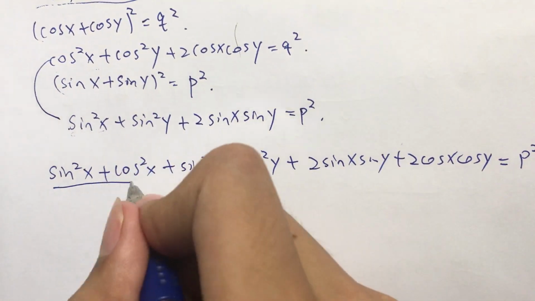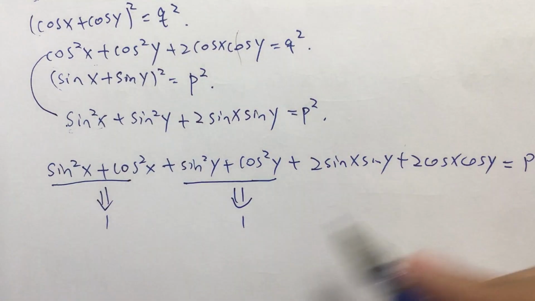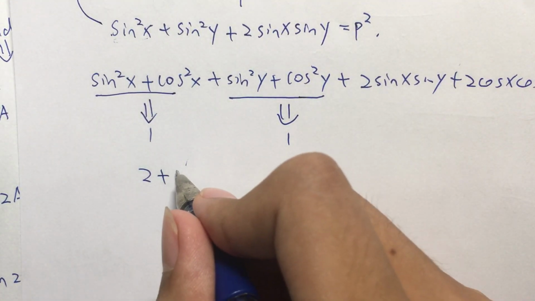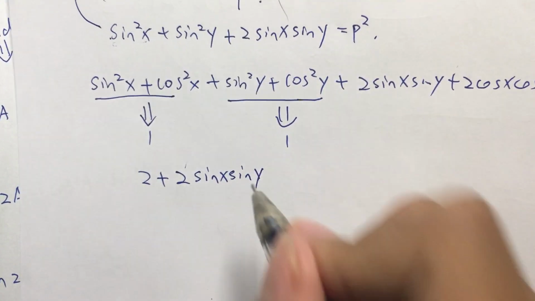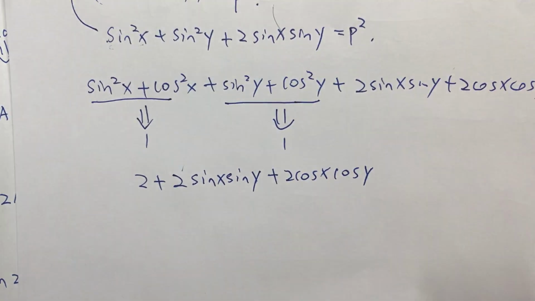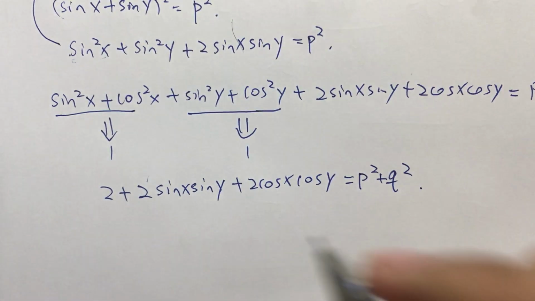And now we know that this is equal to 1, this is equal to 1, so we get an equation which is 2 plus 2 sine x sine y plus 2 cosine x cosine y equals p squared plus q squared.